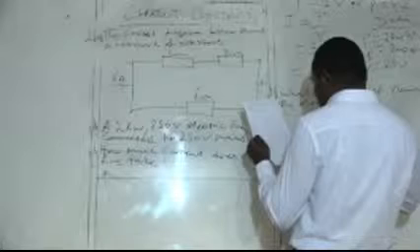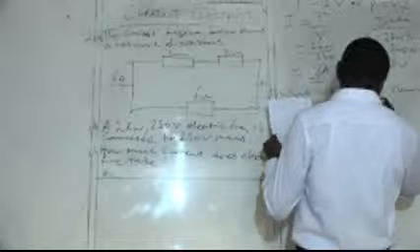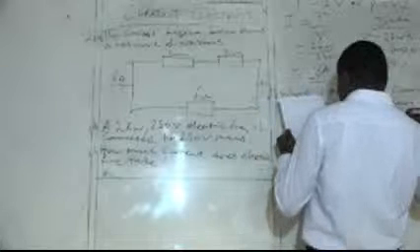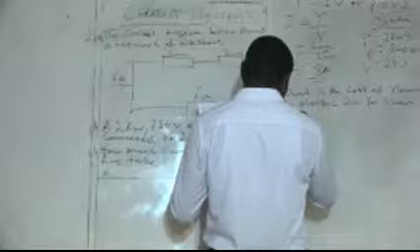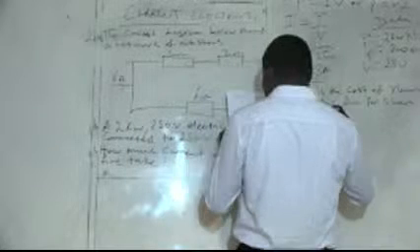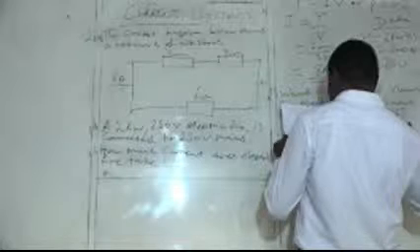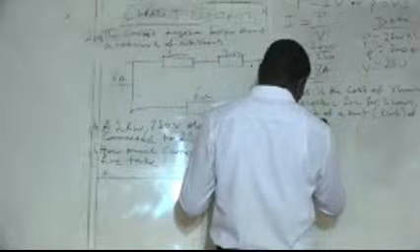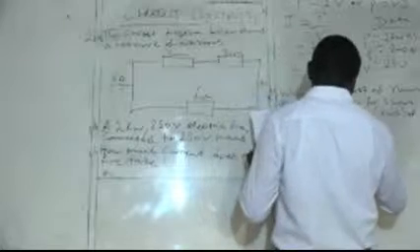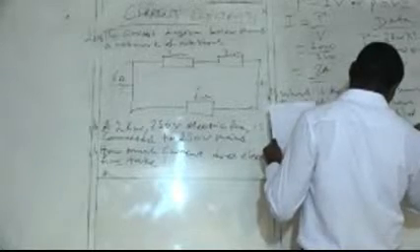What is the cost of running an electric fire for 5 hours, if the cost of a unit, which is a kilowatt hour, of electrical energy is 900 kwacha?